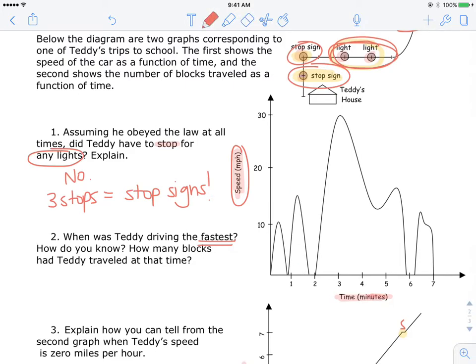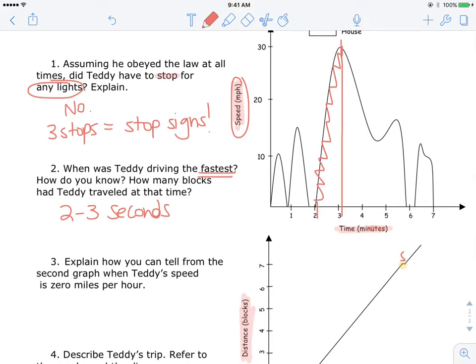All right, how long did it take him to get up to that maximum speed? From here to here, that's about 1 second, and he's going 30 miles per hour. So I would say that this is when he's traveling the fastest. So I'm going to say between 2 to 3 seconds, because that's when I have the greatest change on my speed graph.